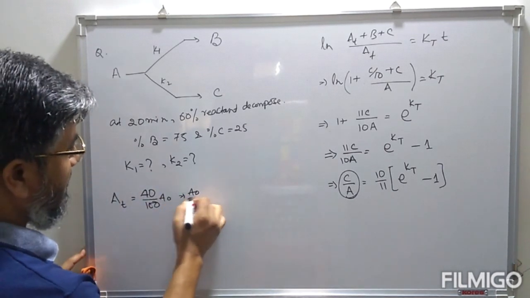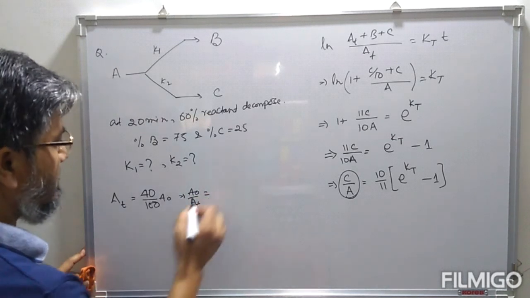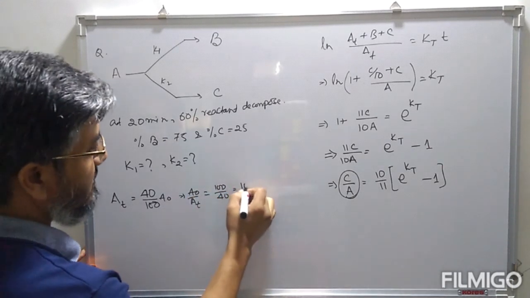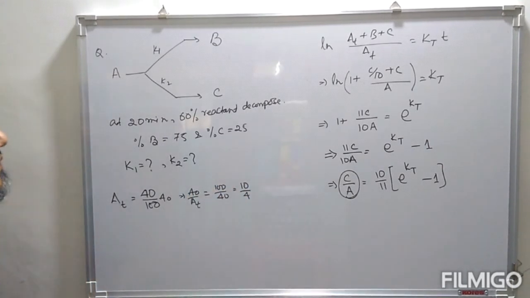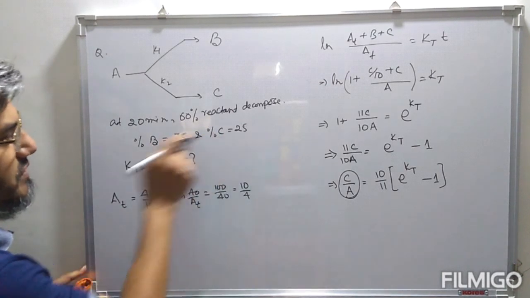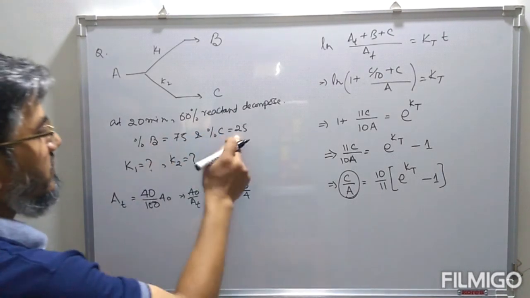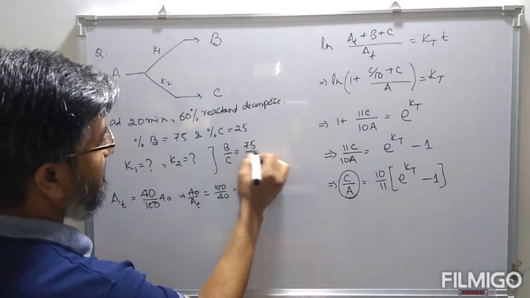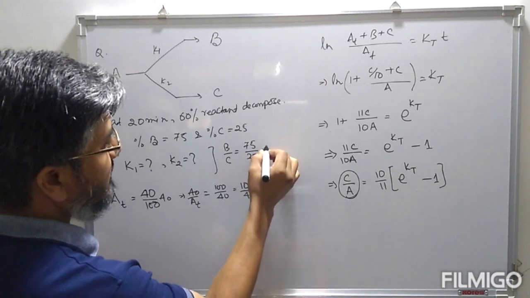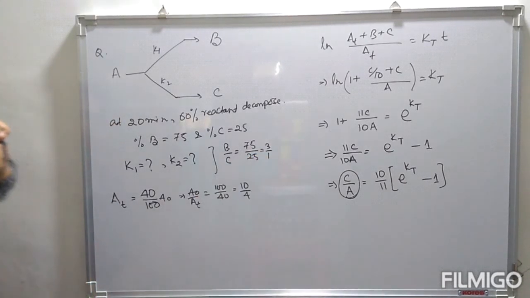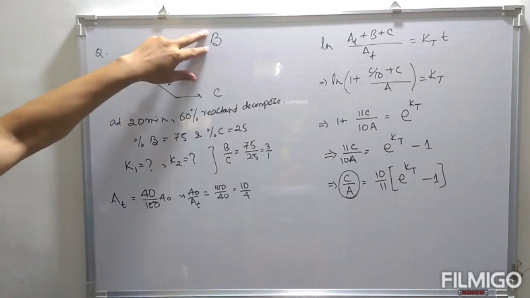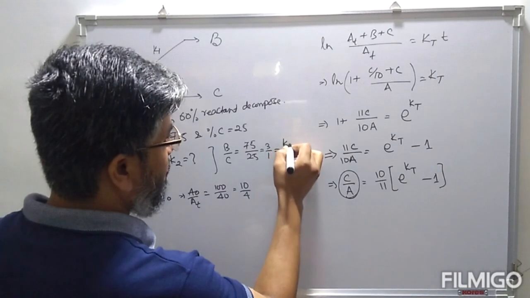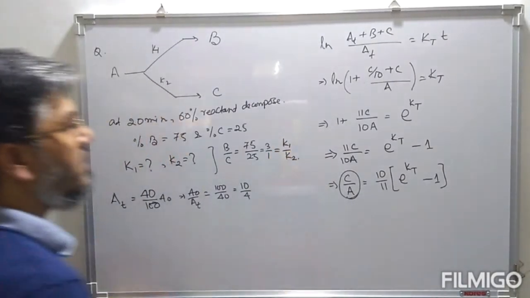Therefore A naught by At is equal to 100 by 40, let's say 10 by 4. Now we have the percentage of B and C as 75 and 25, so B by C is 75 by 25, that is 3:1. For this reaction, the ratio of B and C is 3:1, so this is equal to K1 by K2.